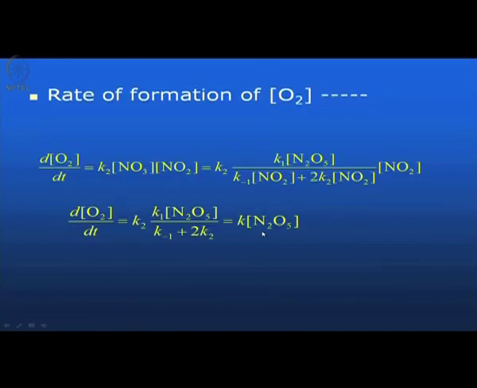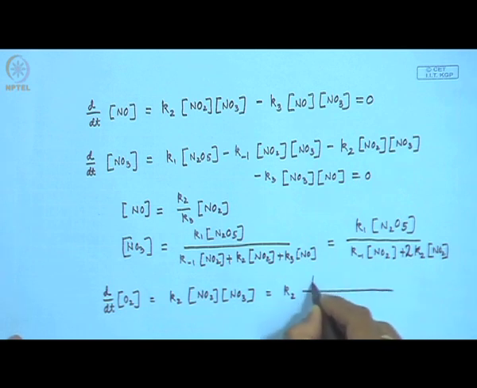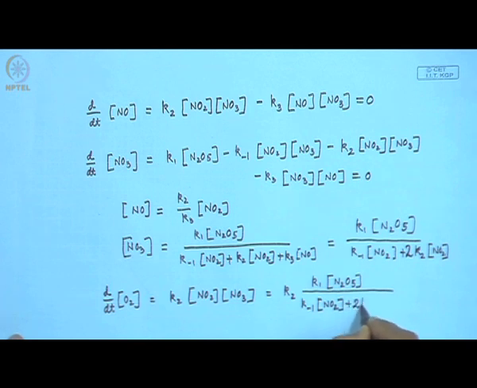So, K2 NO2, and the concentration of NO3 is from here: K1 N2O5 divided by K minus 1 NO2 plus 2K2 NO2, times NO2.